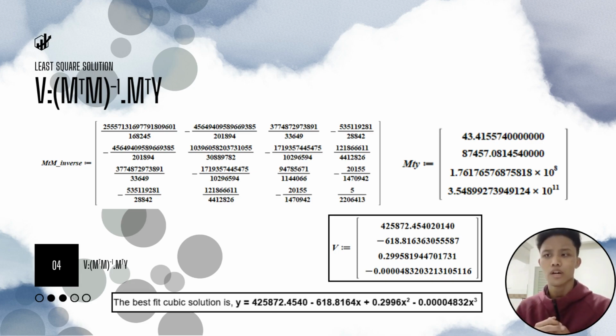These 4 values are our magic numbers: our intercept A, our linear slope B, our quadratic curvature C, and our cubic twist D. Placed together, they give us our final best fit cubic mathematical model, displayed at the bottom, which is y equals 425,872.4540 minus 618.8164x plus 0.2996x squared minus 0.00004832x cubed.